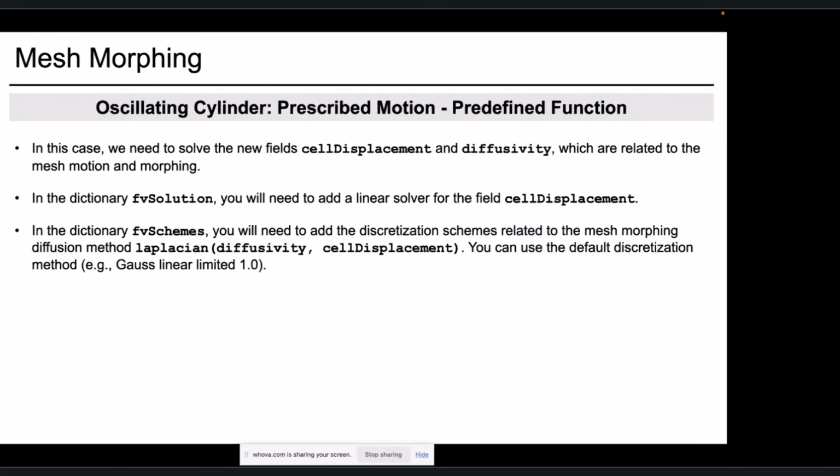And also in the fvSchemes dictionary, we have to add the discretization scheme relating to the diffusion method, which is Laplacian, as a function of the diffusivity and the cell displacement. All right. And you can use the default discretization methods such as Gauss linear limited 1.0, and there are different orders of accuracy of these methods, and you can try playing around to match any reference results.